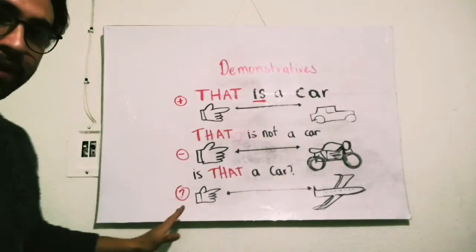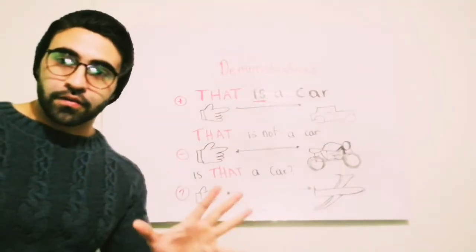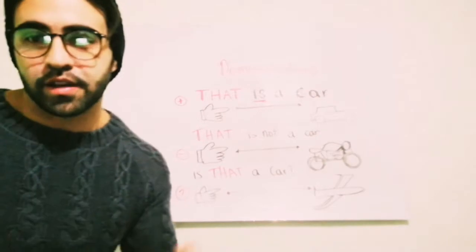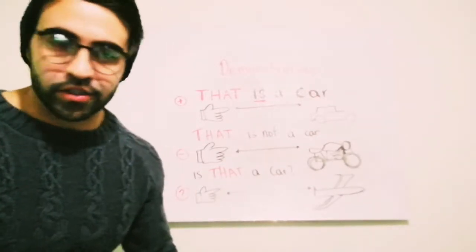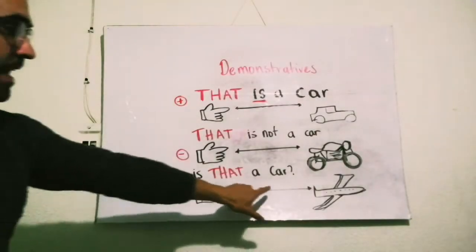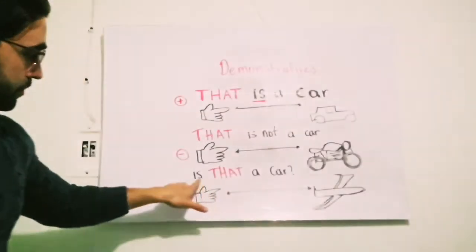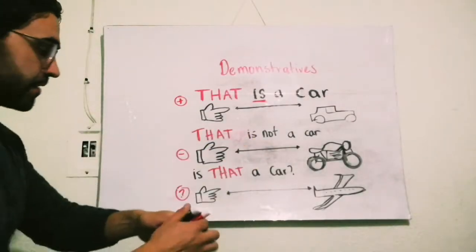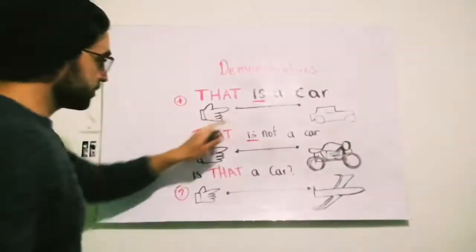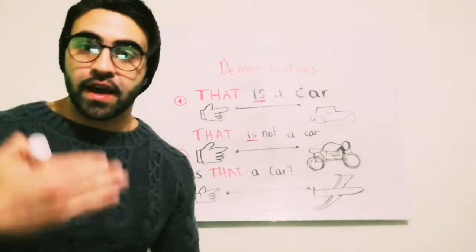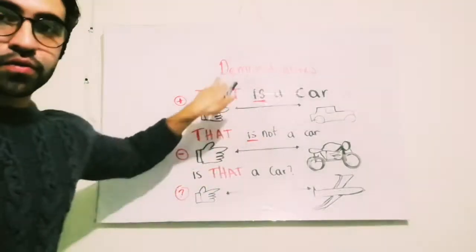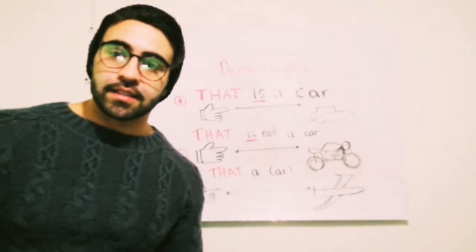And finally, we have an interrogative question. Yes? Well, actually, it's a question, right? Now, what happens here? Notice that the verb to be, is, when it's positive and when it's negative, goes right in the middle of the sentence.